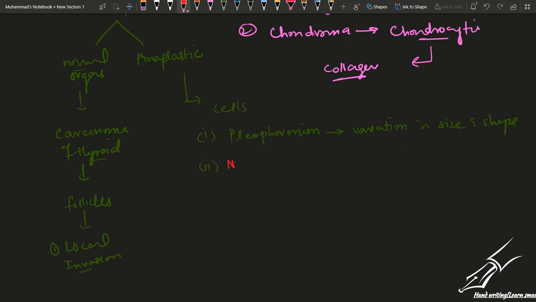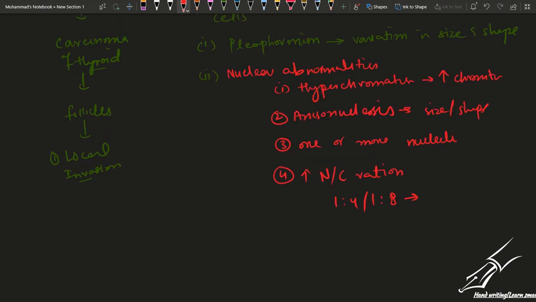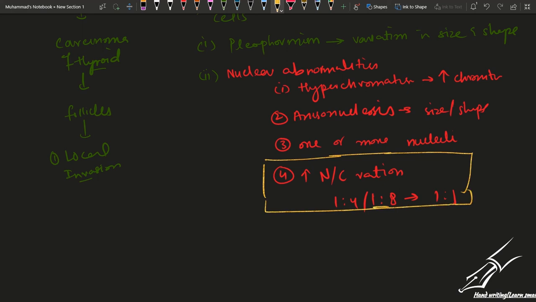There are nuclear abnormalities in neoplastic cells, many kinds, like hyperchromatism, due to the increase in the chromosomes, and this is the most important feature. There is also an increased nuclear to cytoplasmic ratio.